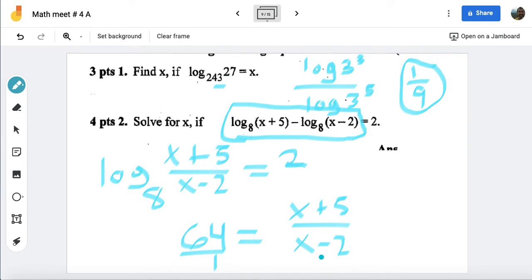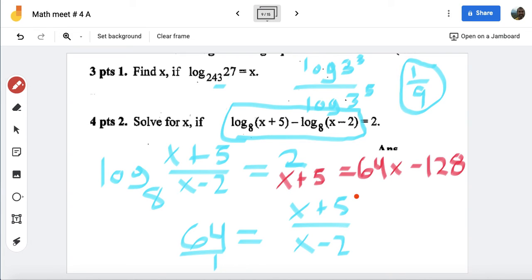You can go 64 times x minus 2 and get, let's change color so you can follow along, 64x minus 2 times 64 is 128, and that equals x plus 5.